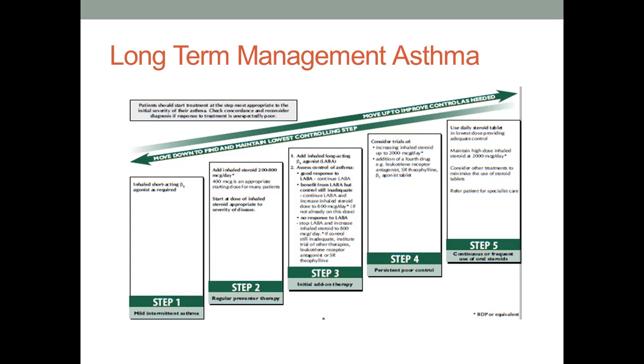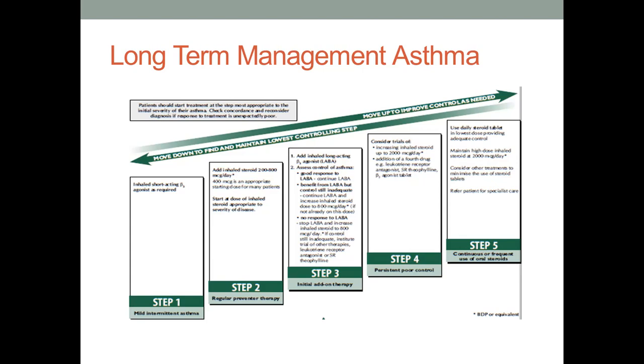While in step 3, long-acting beta agonists like formoterol and salmeterol are used. Along with these, inhaled corticosteroids are given with the short-acting beta agonist on a need basis.